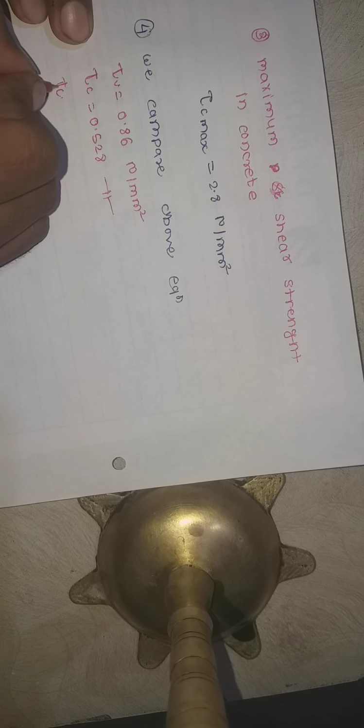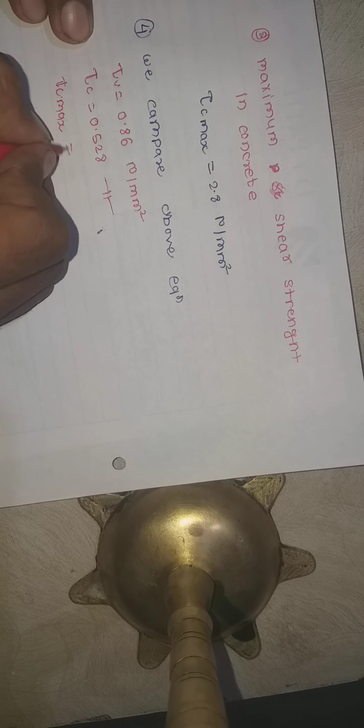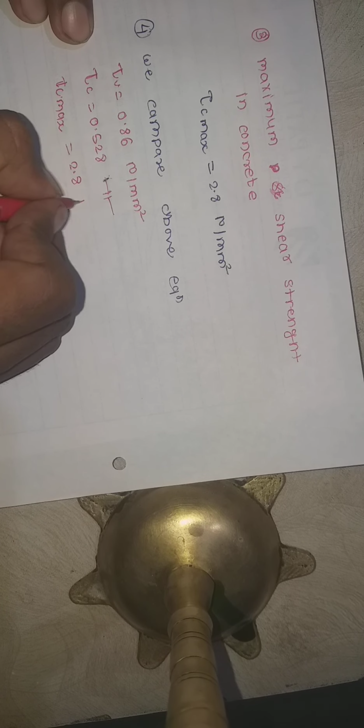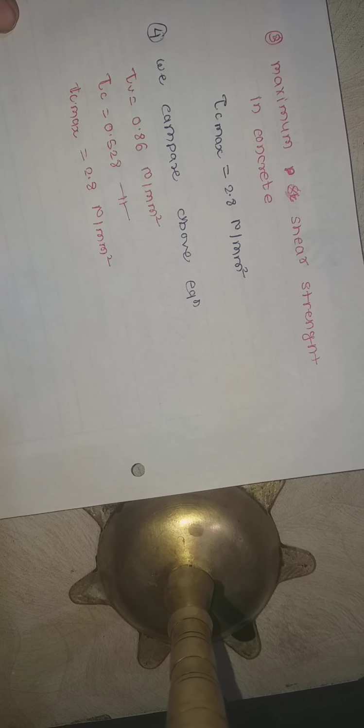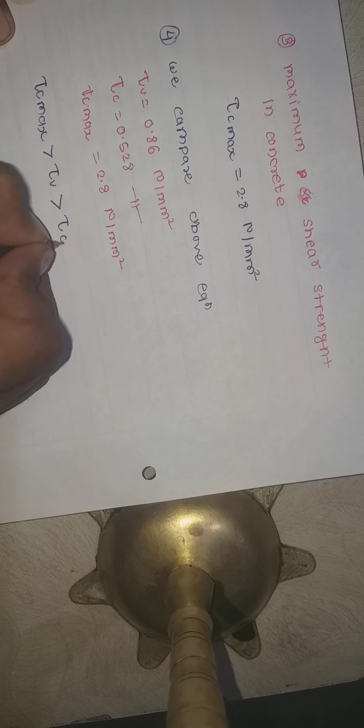And tau c max is equal to 2.8 Newton per mm square. So the equation we got is tau c max is greater than tau v and greater than tau c.